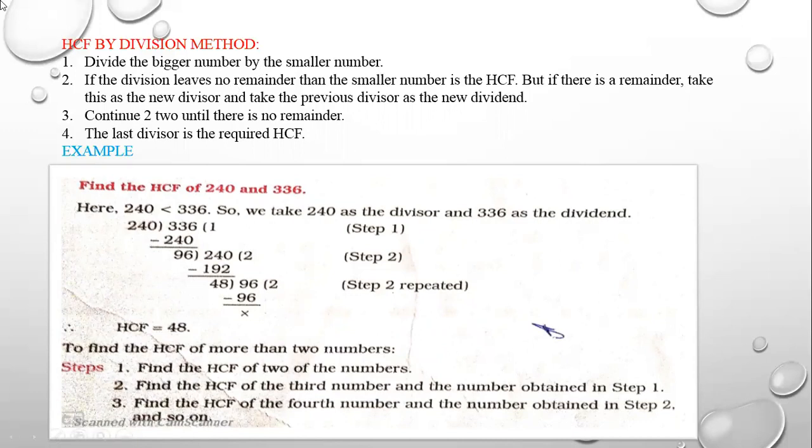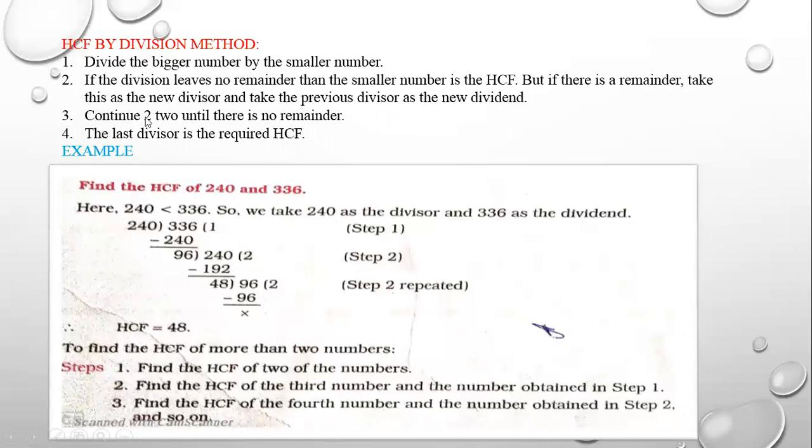The first step is you have to divide the bigger number by the smaller number. The second step is if the division leaves no remainder, then the smaller number is the HCF. But if there is a remainder, you have to take this as the new divisor and take the previous divisor as the new dividend.